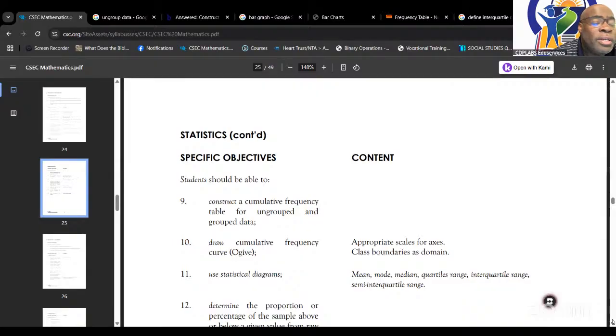So I'd say to myself, how do I construct a cumulative frequency table? Because you'd have watched the videos, you'd have done some work, when you come back to the syllabus for revision now, you can write out the steps. How do I construct a cumulative frequency using ungrouped or grouped data? Right? And then you'll be able to draw the curve. Good.